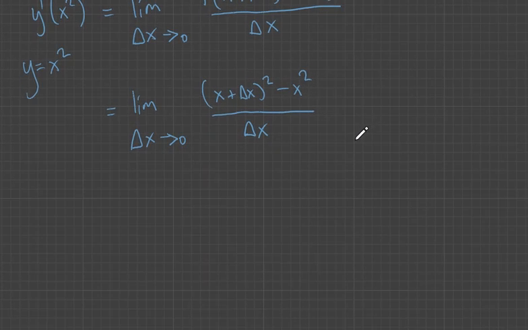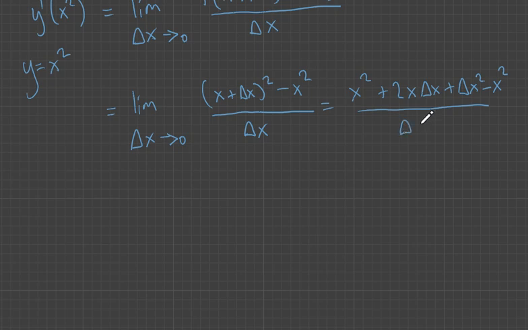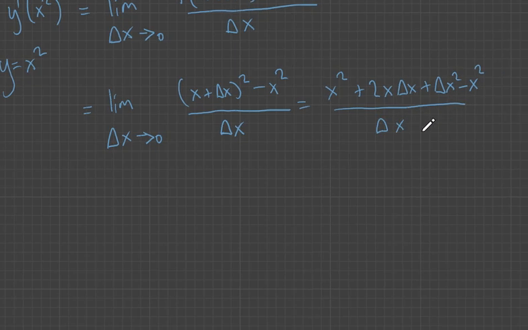So now what we need to do is expand this first part out to get x squared plus 2x delta x plus delta x squared minus x squared over delta x.